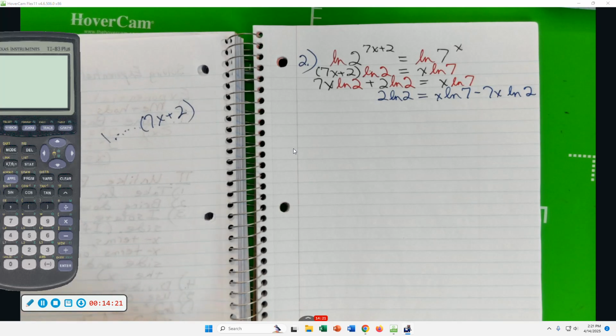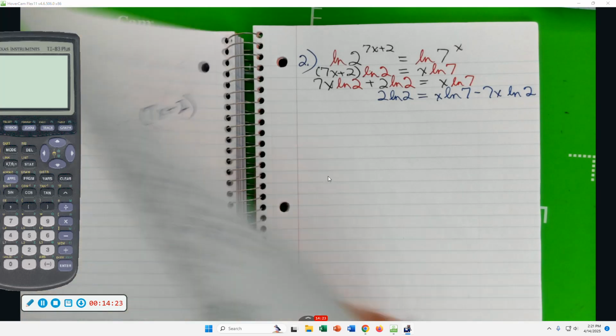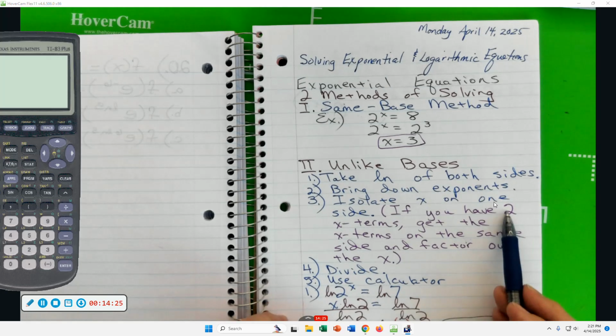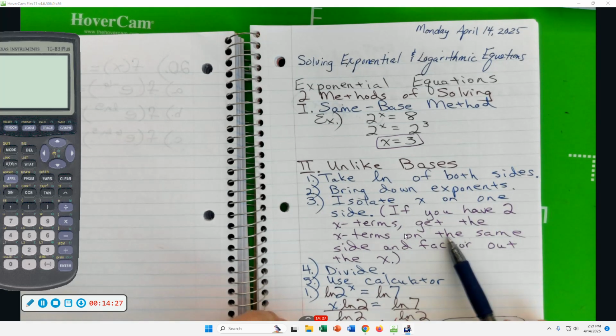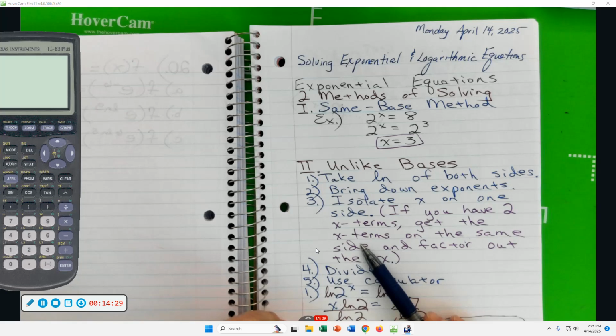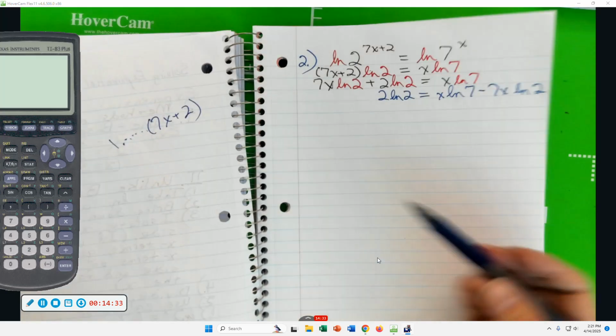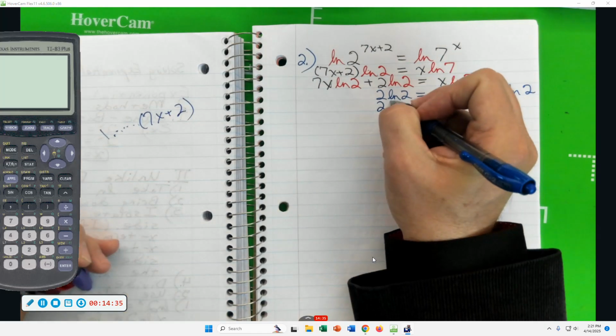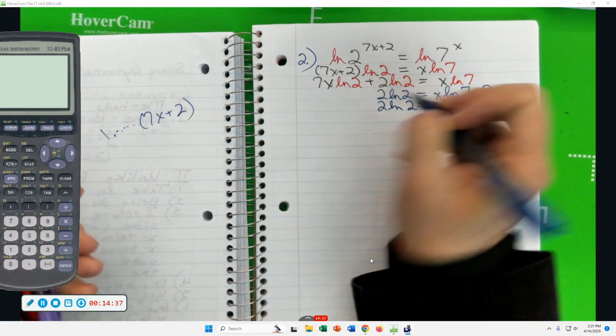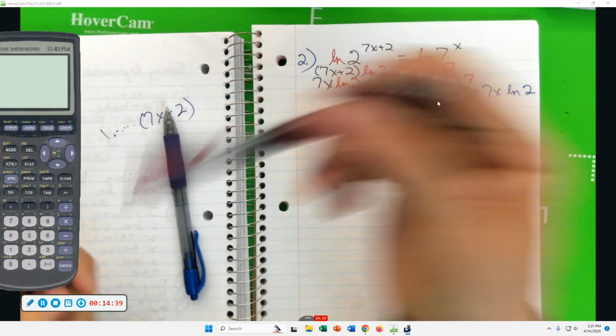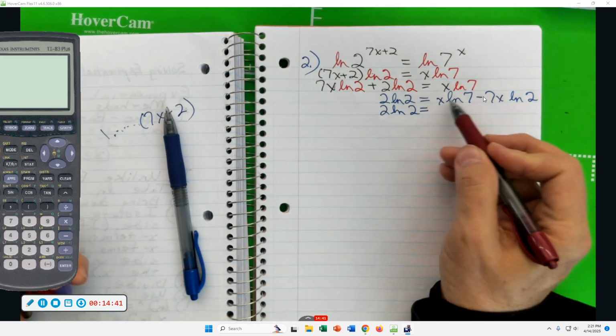Let's look back at what I said. I said, if you have two x terms, get the x terms on the same side. We've done that. And now it's factor out the x. So we still have this 2 ln 2 equals, and we're going to factor out an x. Notice both of those terms have x's.